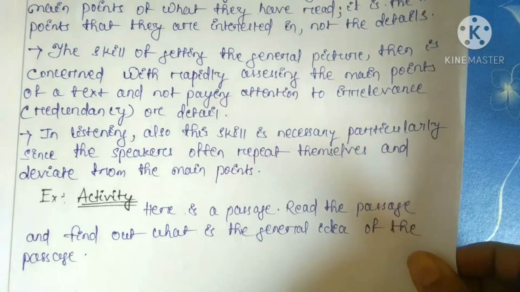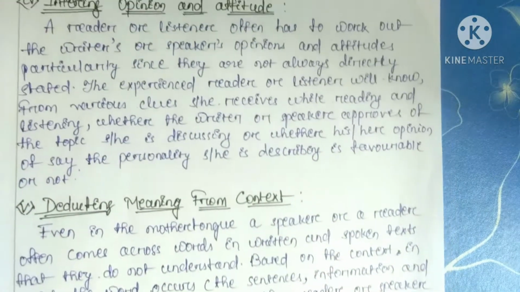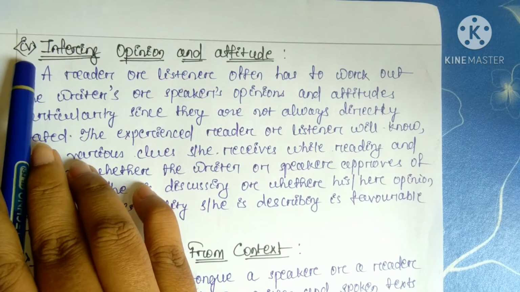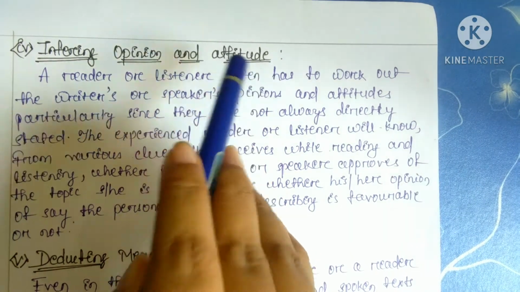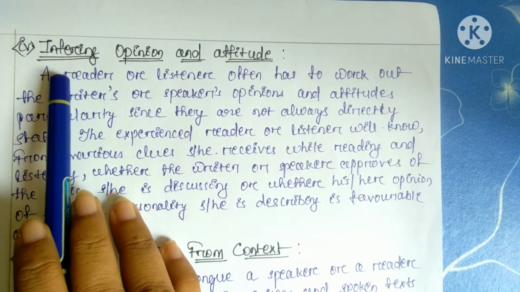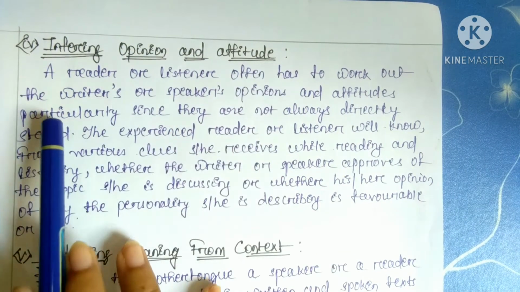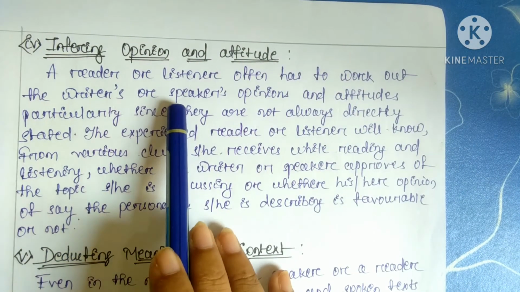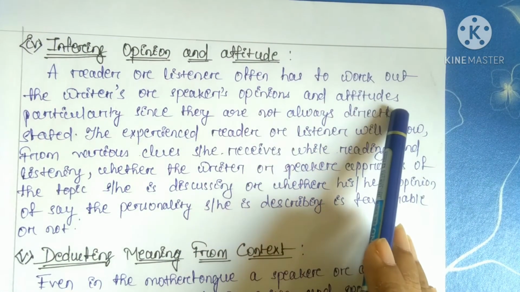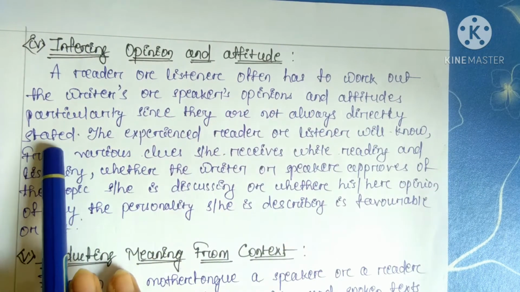Then come to point number 4, inferring opinion and attitude. It is also a similarity between reading and listening. A reader or listener often has to work out the writer's or speaker's opinions and attitudes, particularly since they are not always directly stated.